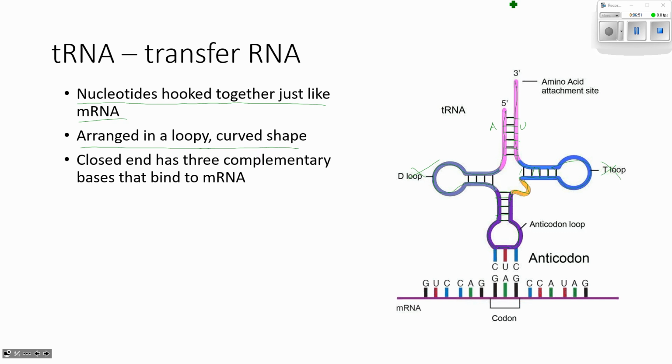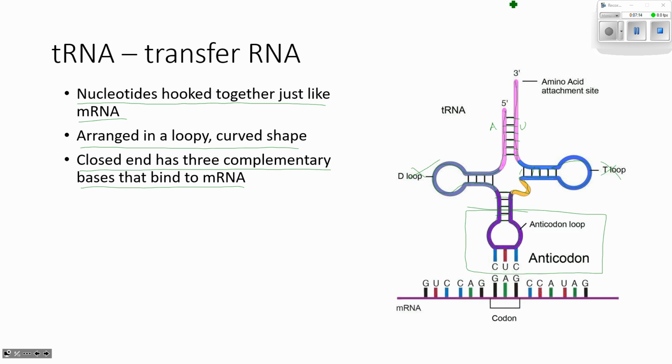This end down here has 3 RNA bases, 3 RNA nucleotides. They could be any 3. Those 3 nucleotides will be complementary to a set of 3 nucleotides on the messenger RNA, and they attach.